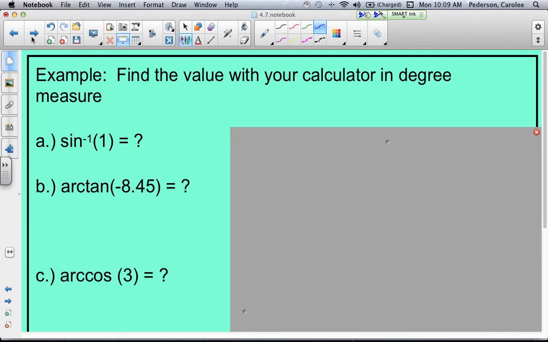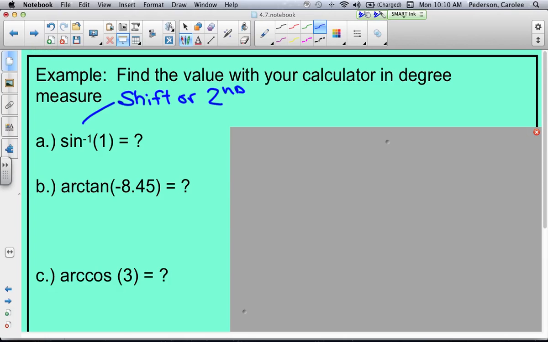So if I were to ask you to find the sine inverse of negative 1, remember this is the shift or the second button in your calculator. Sine inverse of negative 1. What do you get there?